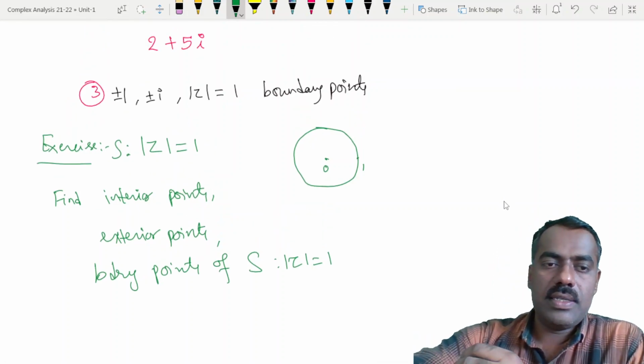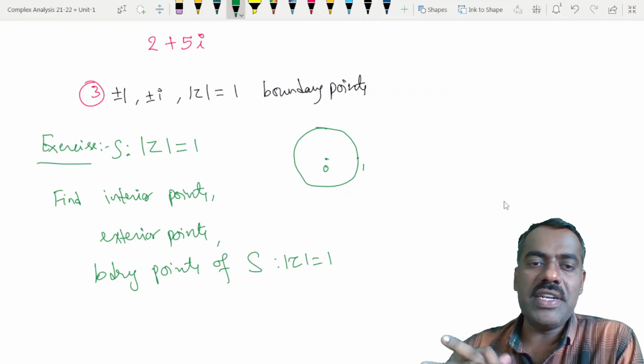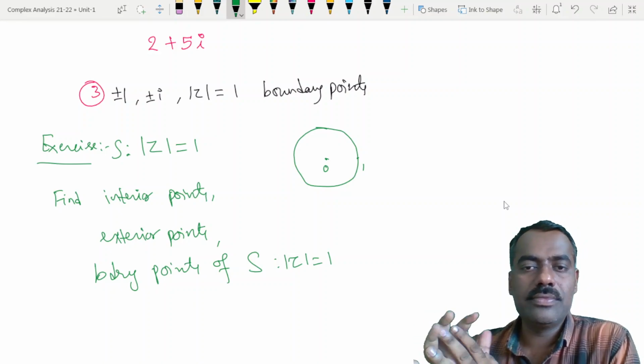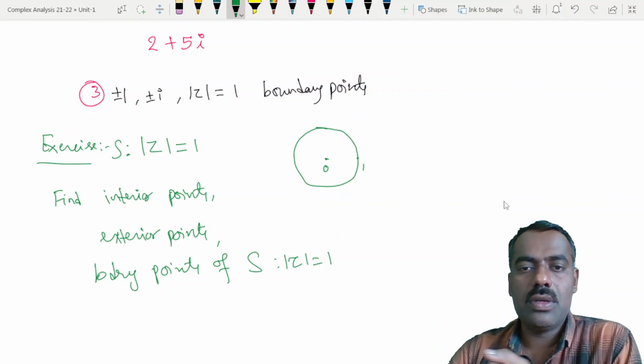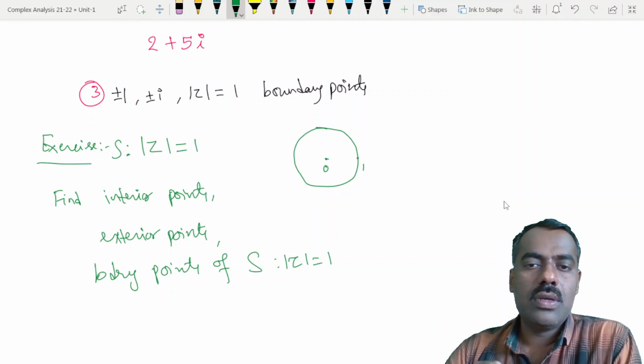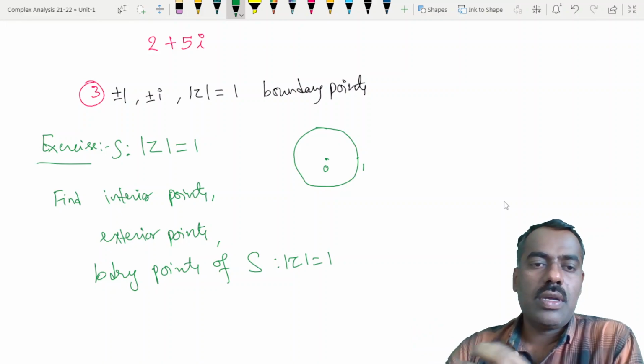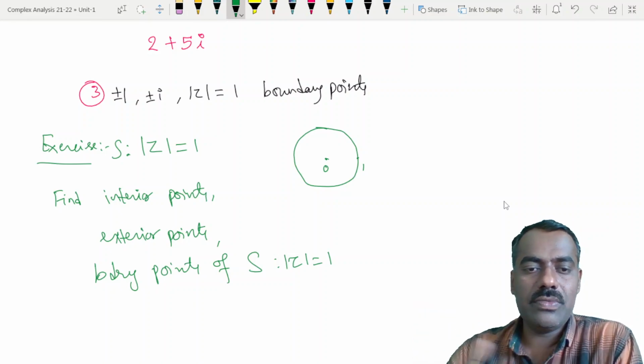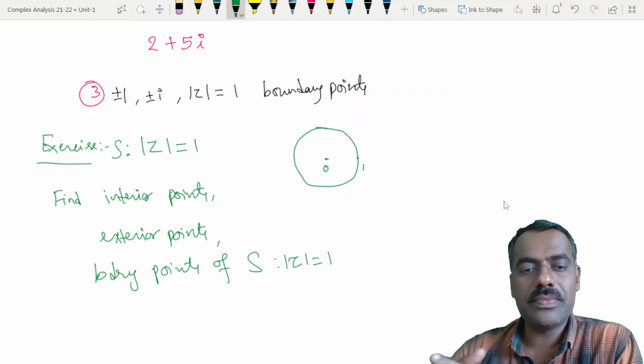Can somebody tell, are there any interior points for mod z equal to 1? No. What about exterior? Can you see boundary points? What can you say about boundary points?